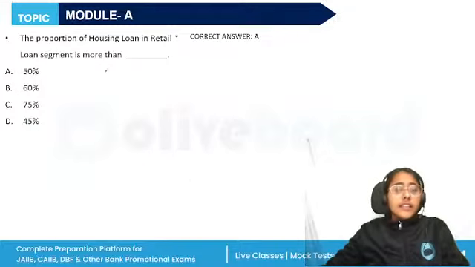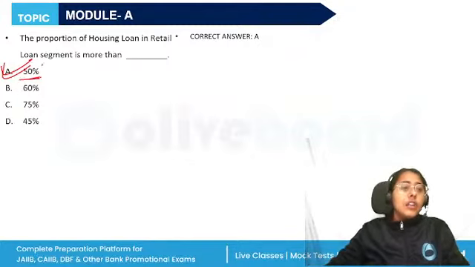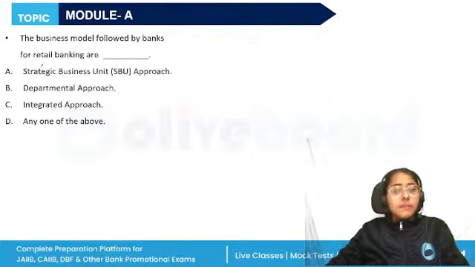So the correct answer here is option A 50%. So the proportion of housing loan in retail loan segment is more than 50%.